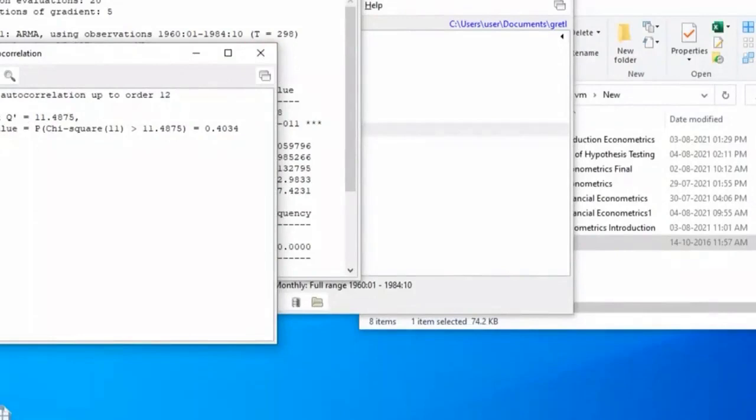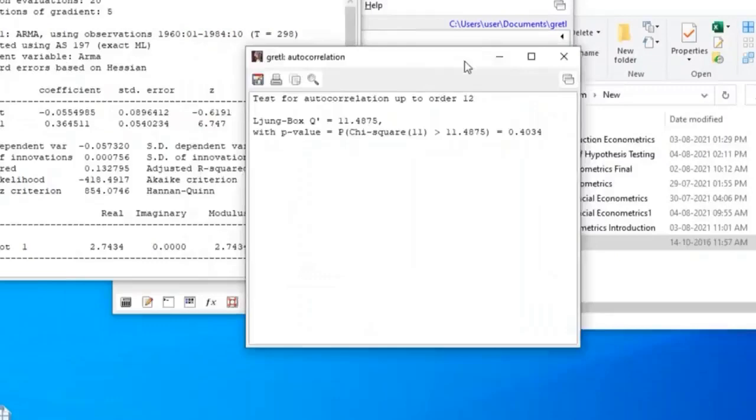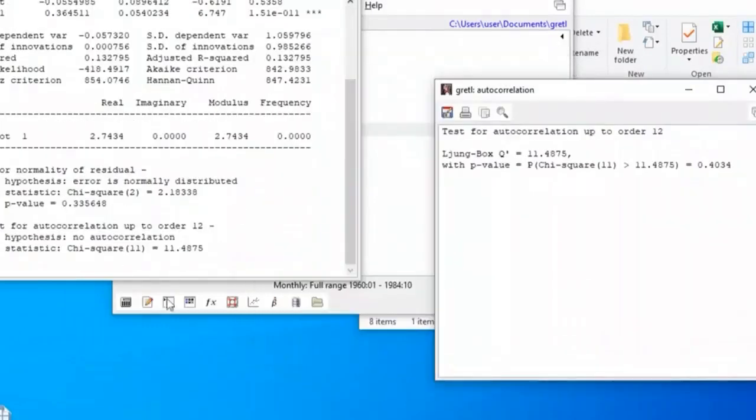This Ljung-Box Q star statistic modifies the small sample problem of the earlier Q statistic. So that is why this is used here. So I don't know whether this is reported here. The LM test also is reported here.